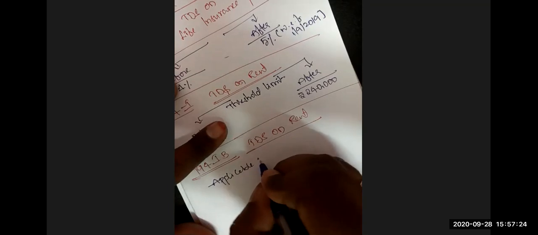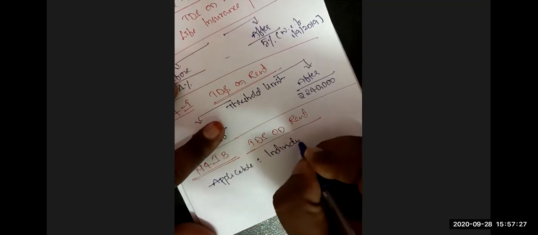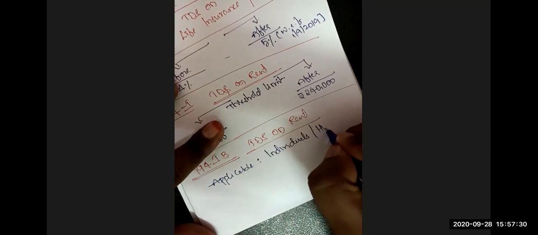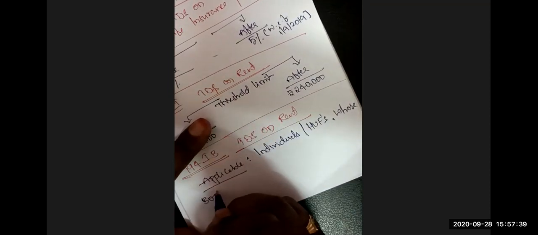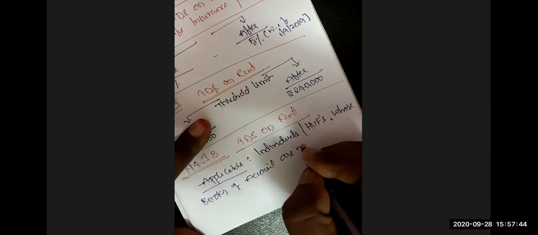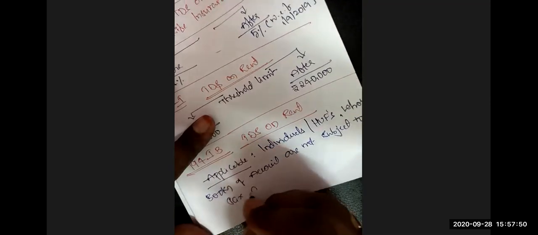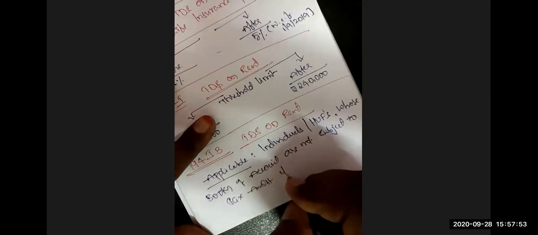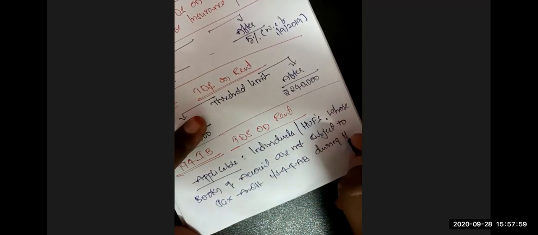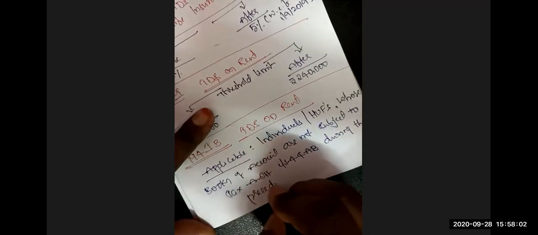194IB is applicable to individuals or HUFs whose books of accounts are not subject to tax audit under section 44AB during the preceding previous year.